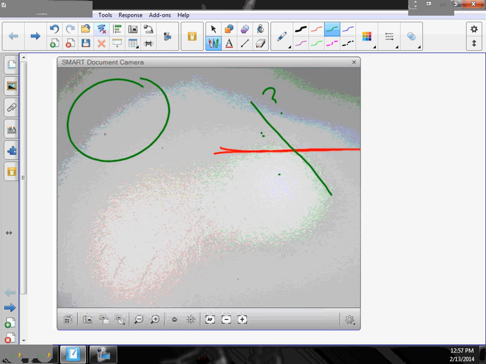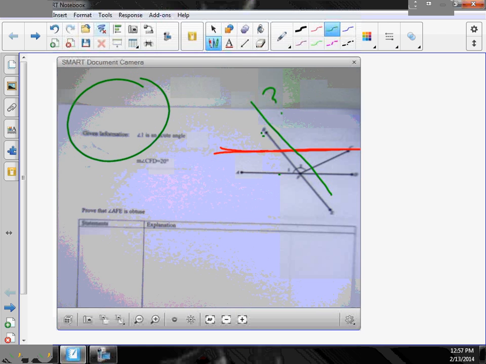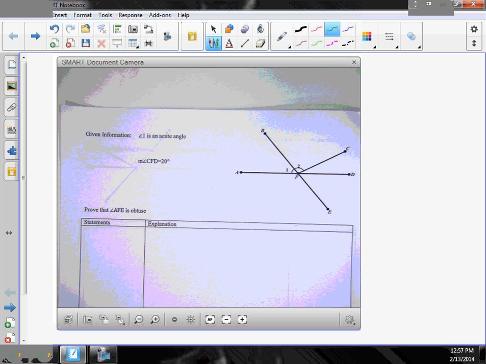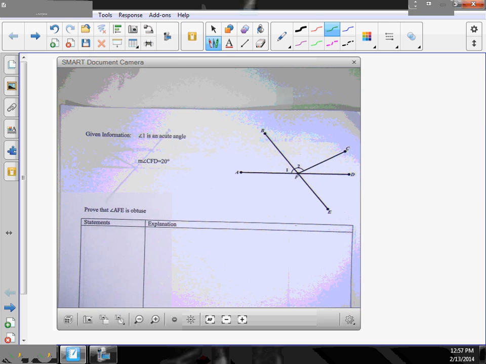All right, turn the page again. So on this back page, we're going to go ahead and assume that all lines are straight. Maybe you want to make a note of that. All lines are straight. So given 2 things, that angle 1 is acute and angle CFD is 20 degrees, you need to prove that this angle is obtuse.